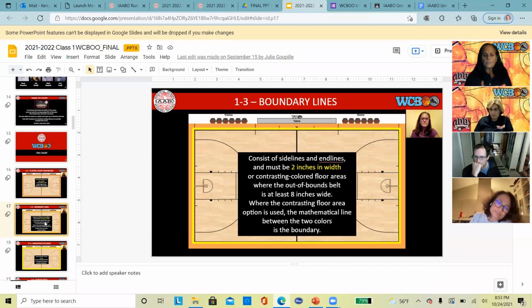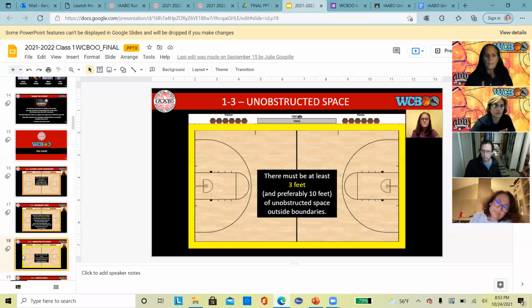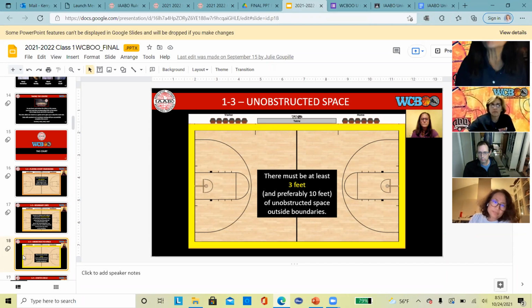Flick, Carrie. So, if you see in the yellow, this is also Rule 1, Section 3, the area around the court, especially at the collegiate level, there needs to be at least 3 feet and preferably 10 feet of space on the sidelines and the end lines.